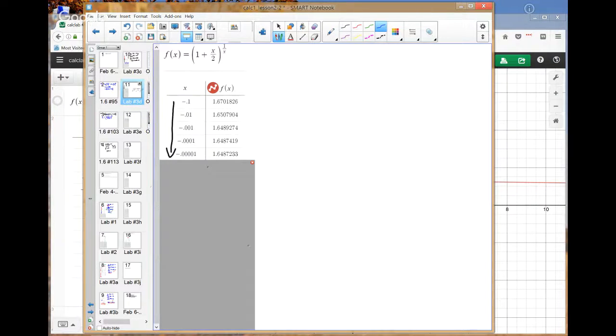Okay. So the first thing we're going to note here is the limit of f of x as x approaches 0 from the left. And I mean, we don't know any rational thing, but it looks like it's approaching what? I don't know, 1.6487 is all we know from the decimals here.